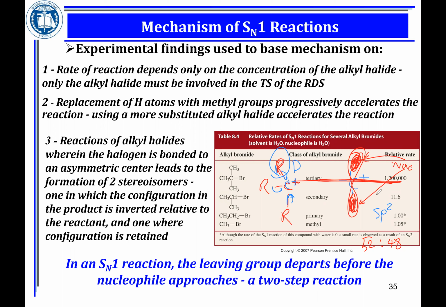So the product of the SN1 mechanism is a racemic mixture. That means you get 50% R and 50% S, regardless of what you start with. You could start with R or S, but you end up with a mixture of the 2 if you're dealing with a chiral center or chiral compound.